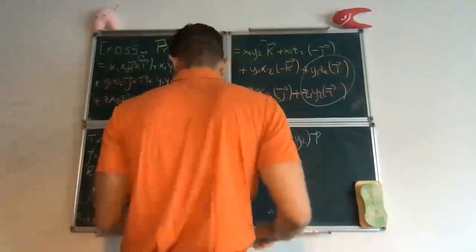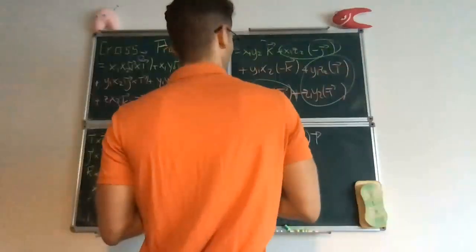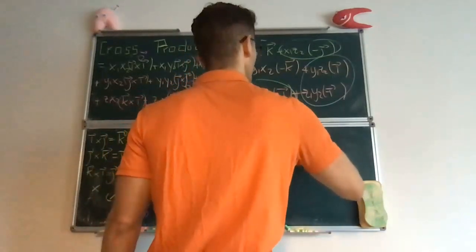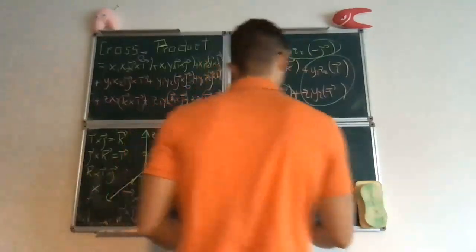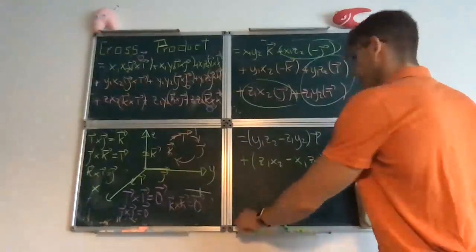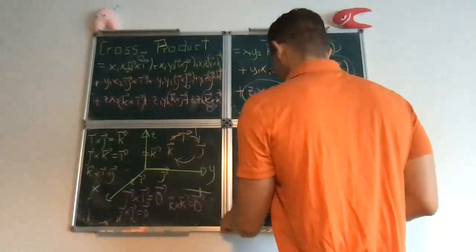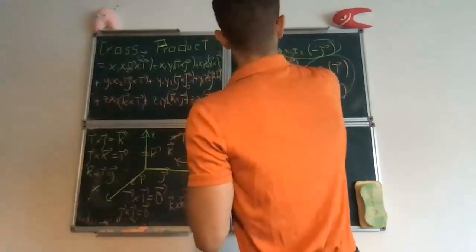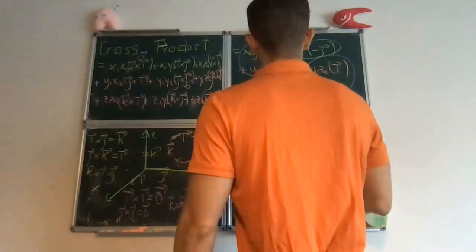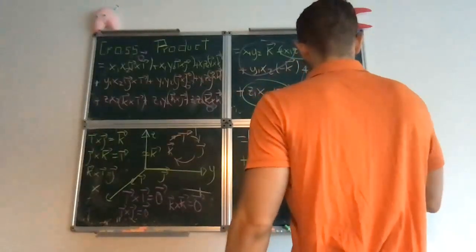Then you can put here c1 x2 minus x1 c2 j, plus the last one, which will be x1 y2 minus y1 x2 k.